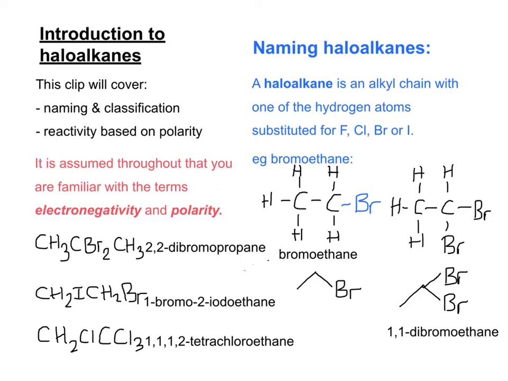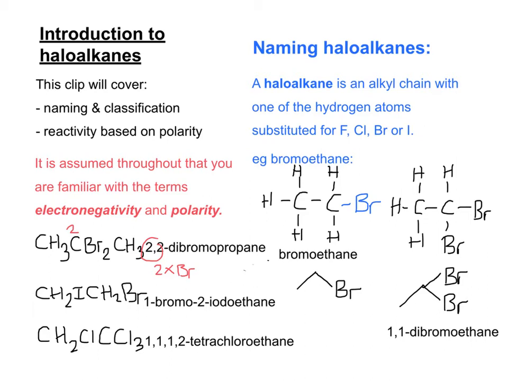In the first one, the bromines are on the second carbon, so whether the carbon on the left or the carbon on the right is carbon one doesn't matter. There's two of them. So basically, that means there's two bromine atoms present, so the two numbers give it to you.